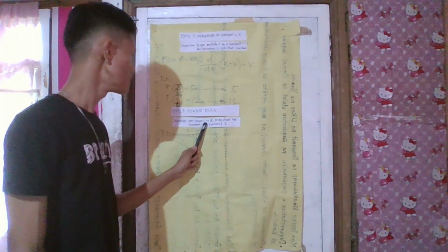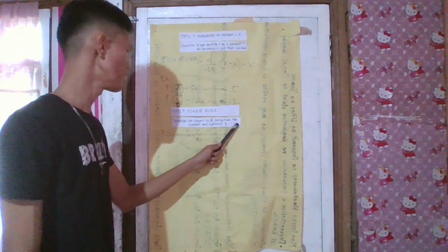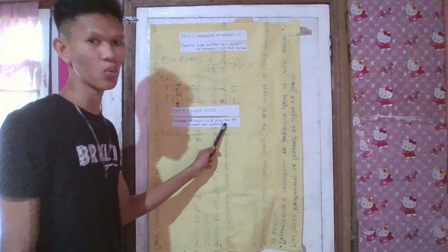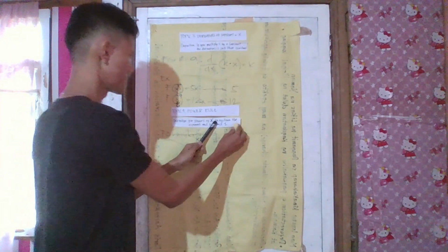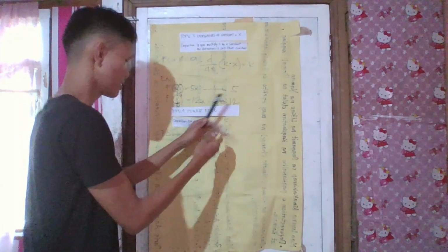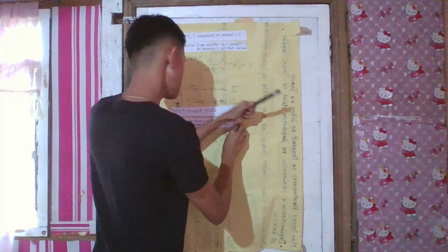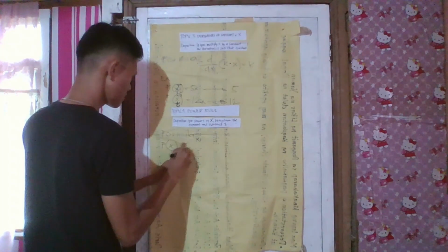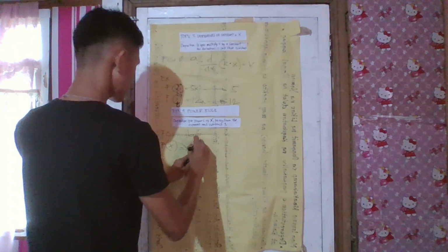Then topic 4, the last topic. Topic 4 is all about the power rule. Definition: for powers of x, bring down the exponent and subtract 1. Then I'll make a first example: f of x equals x squared.